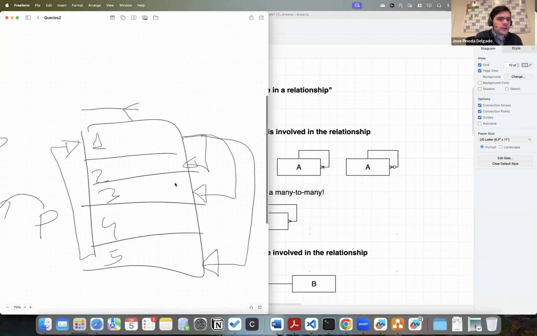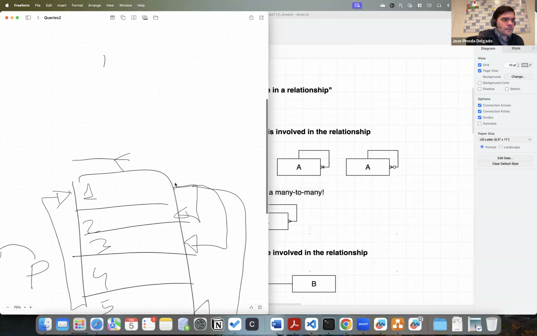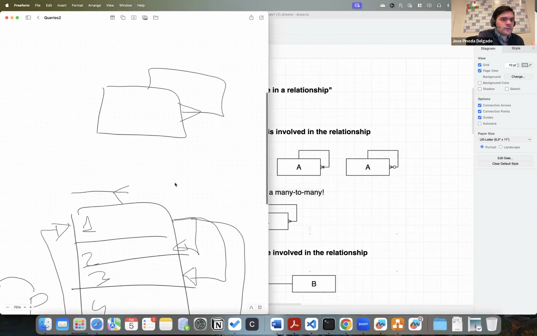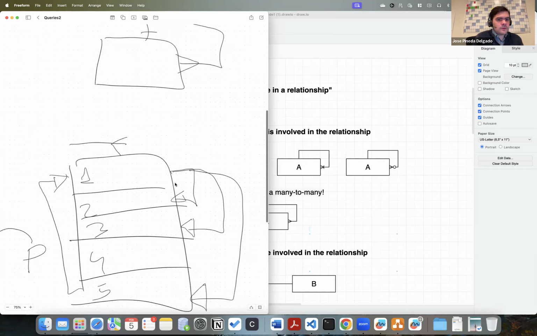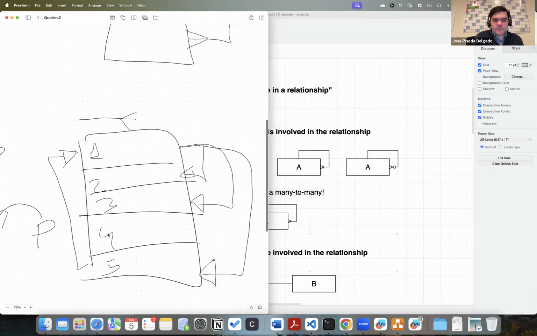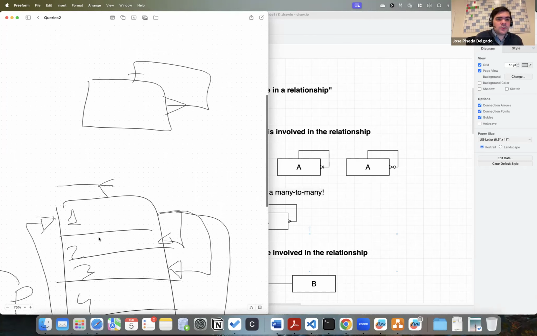We could recreate this as this. Notice that 4 doesn't have a manager and doesn't manage anyone. That makes it optional on both sides. That will be a relationship, in this case for an employee entity.